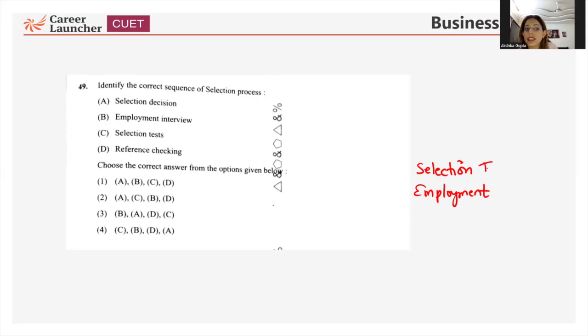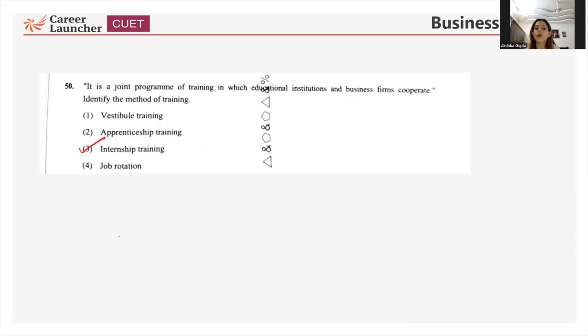So when I talk about the selection test, that is option C. Then we have option B, then you have option D and E. So that is your option 4, that is correct. Then, it is a joint program of training in which educational institutions and business firms cooperate. Although you are studying in college, you still want to work in the particular organization. So what is that? That is your internship training.